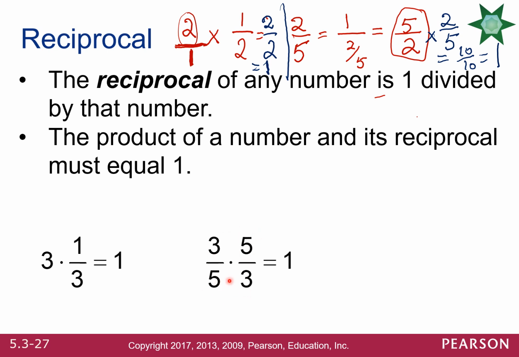When you multiply, 3 times 5 is 15, divided by 5 times 3, 15, gives us an answer of 1. And then finally, negative 6 times 1 divided by negative 6. The reciprocal of negative 6 is 1 divided by negative 6. Again, the numerator and denominator flip, and when you multiply, you end up with an answer of 1.